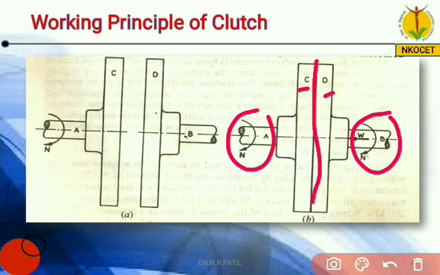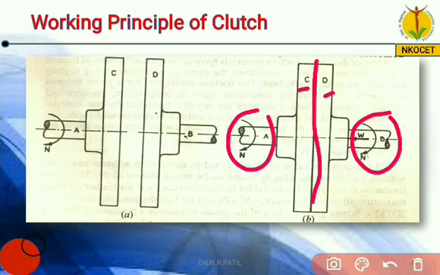When two plates are brought in contact with each other, there is an interlocking of surfaces because of the irregularities existing on the surface, and because of this interlocking of the particles of the surface, it offers resistance.